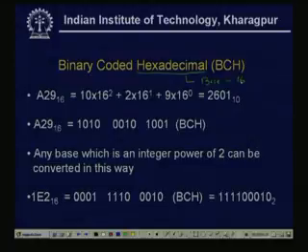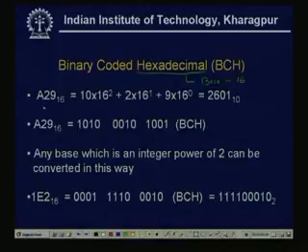Already we have read this in the last class. Now, we see how hexadecimal numbers are converted into binary coded numbers. This is very similar to our BCO, the binary coded octal.